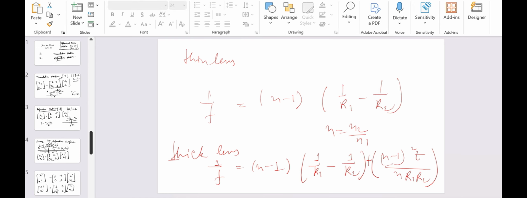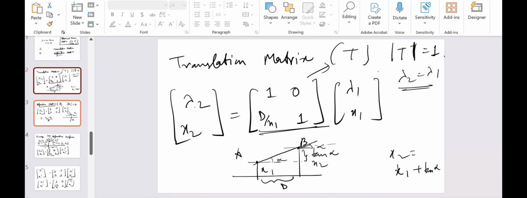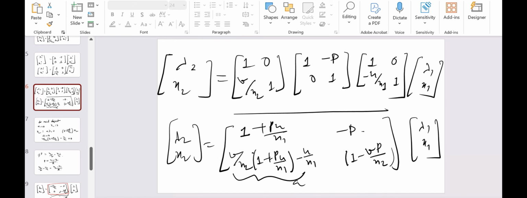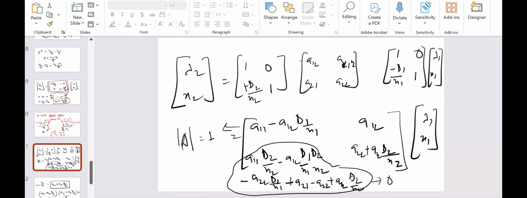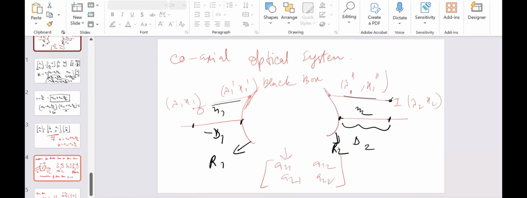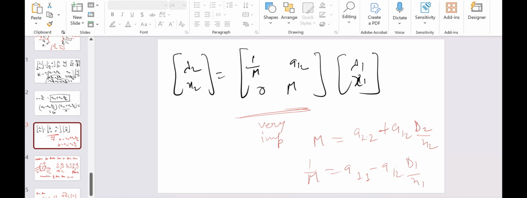So let's do a quick recap. We saw the translation matrix, we saw the refraction matrix, and how we need to multiply and get to the actual matrix, which will say the image. We can multiply for each surface, but that would be a cumbersome process. So that's when we introduce the concept of coaxial matrix system. To make things easier, we have assumed that there is a black box and a translation, then a black box, then the translation again, and in that case what would be the magnification and what will be the matrix.